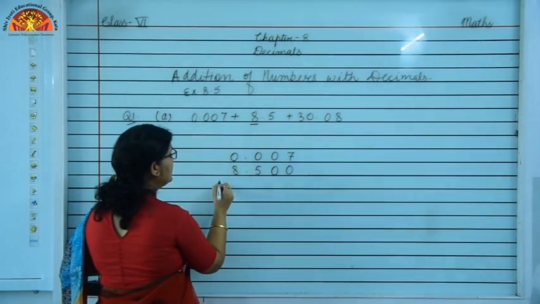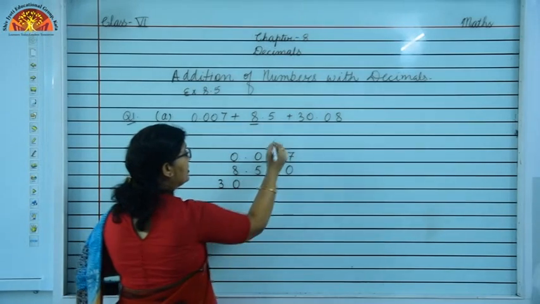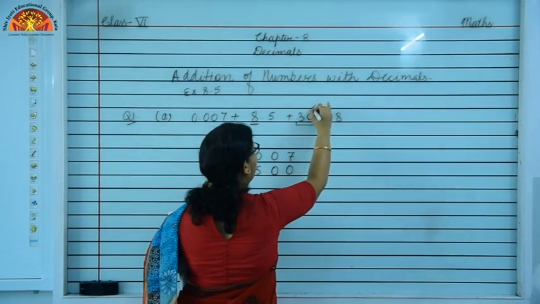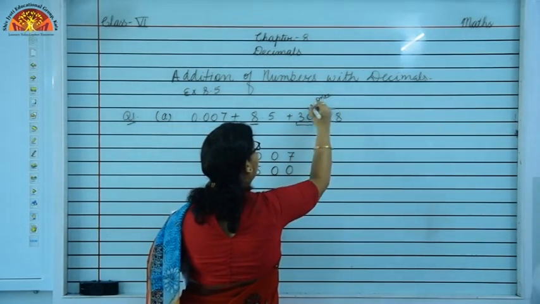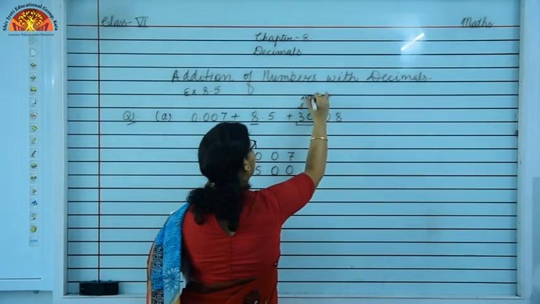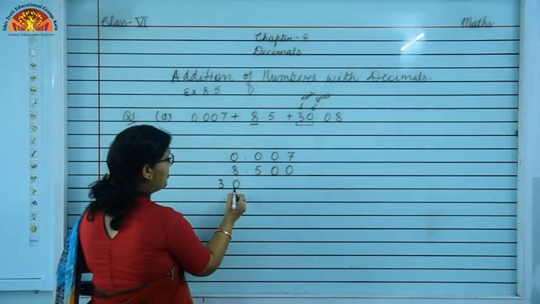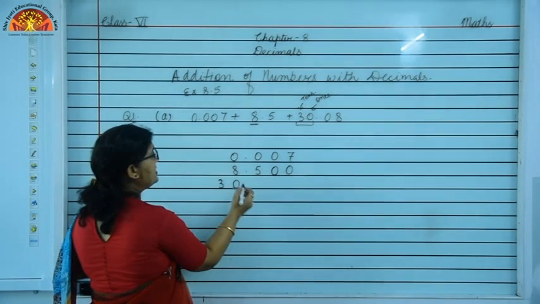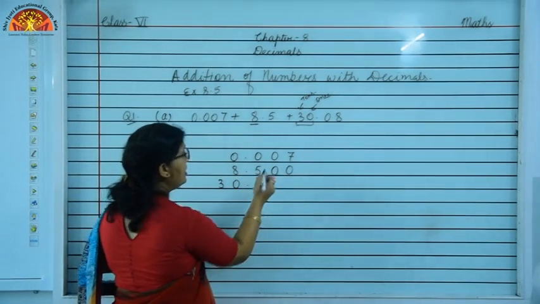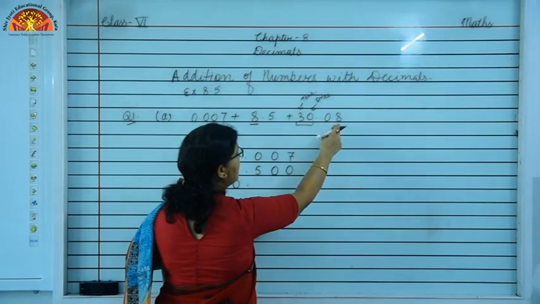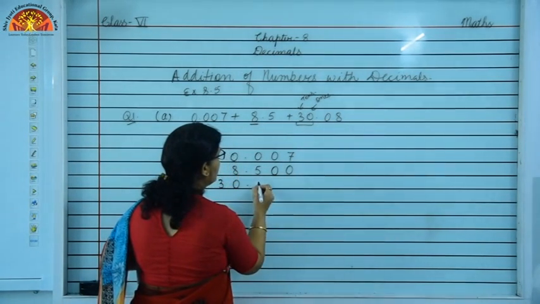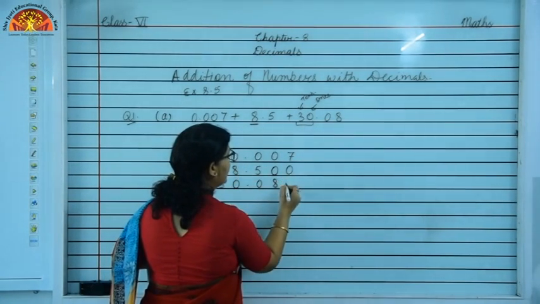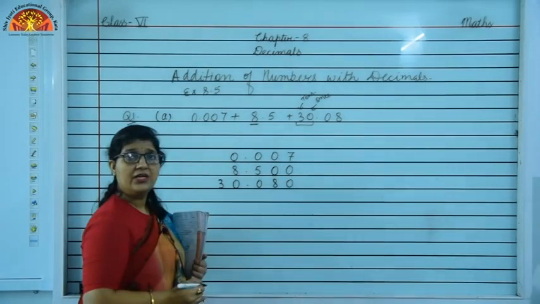And this is 30.08. So how we write this? 30. Now 30 is a whole number. This is at ones place and this is at tens place. So we write here 0 at ones place and 3 at tens place and put decimal below decimal and 0, 8. This is tenths place and this is hundredths place. So we write 0, 8 and at thousandths place we put 0.